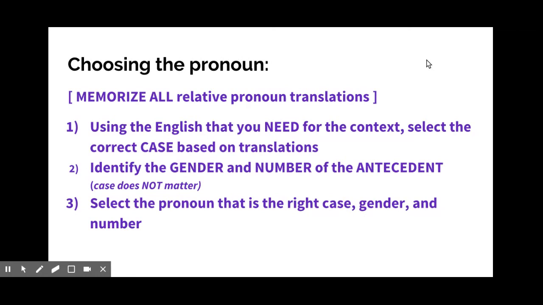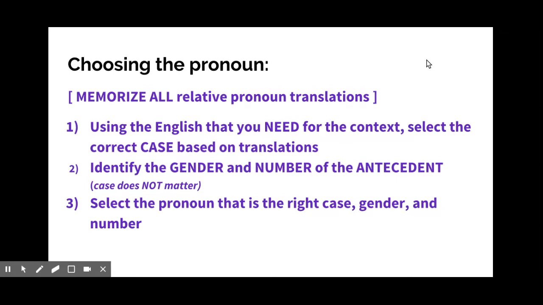When you are asked to choose the pronoun, you are going to first use the English that's given to you to provide the context, and you're going to select the correct case. Then you're going to identify the gender and the number of the antecedent. Do not identify the case. The case will not help you.